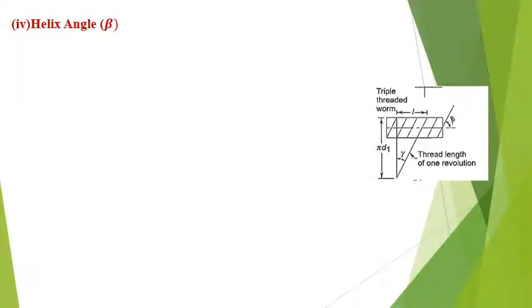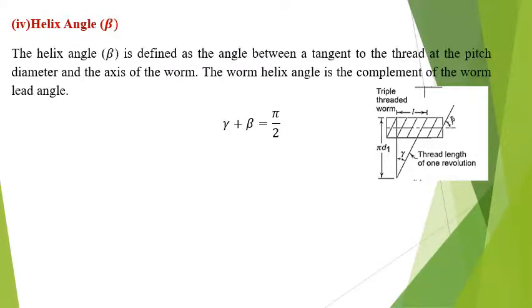Next, coming to the helix angle denoted by beta. The helix angle is defined as the angle between a tangent to the thread at the pitch diameter and the axis of the worm. We can see here the angle between this tangent to the thread and the axis of the worm is denoted by beta.